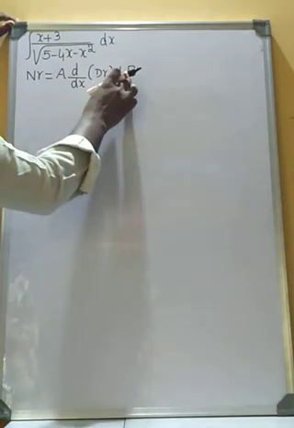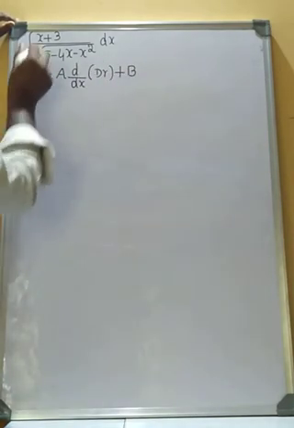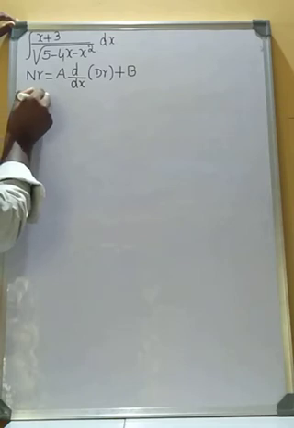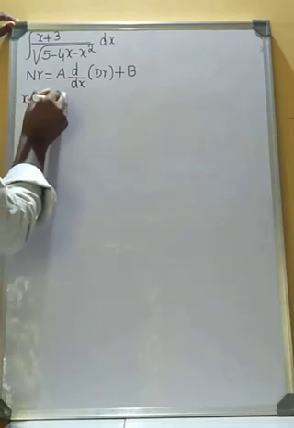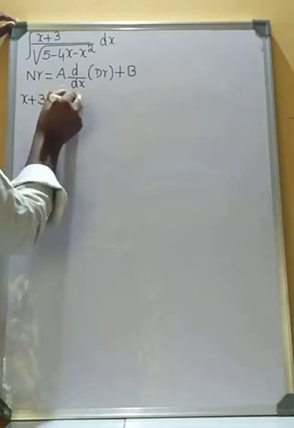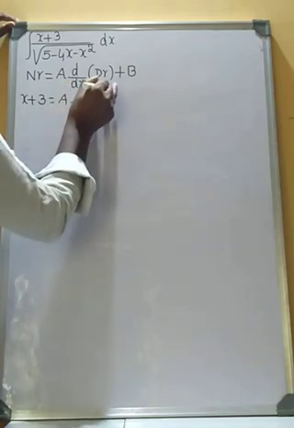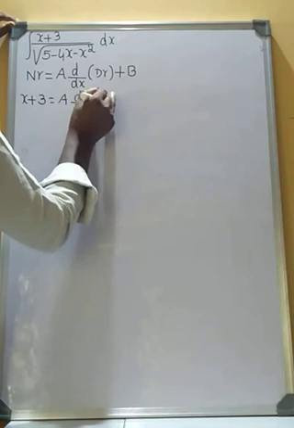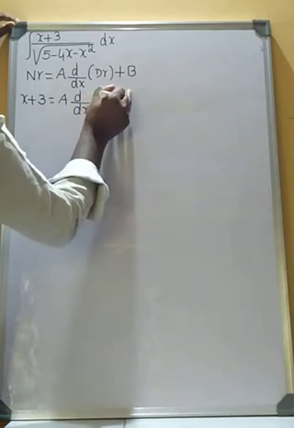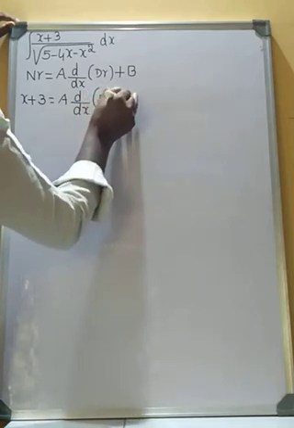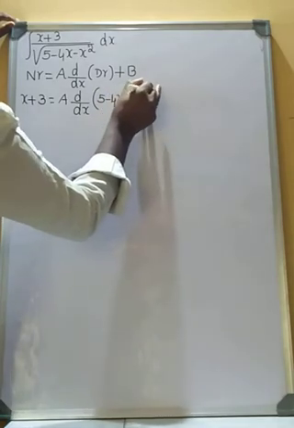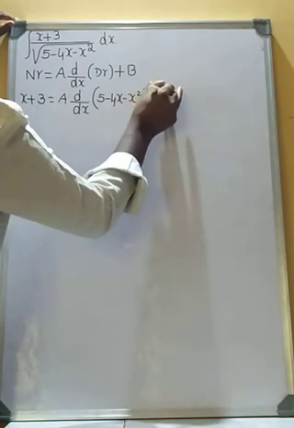Find a and b. What is numerator? That is x plus 3 equals a d by dx of, what is denominator? 5, don't take root, 5 minus 4x minus x square, plus b.